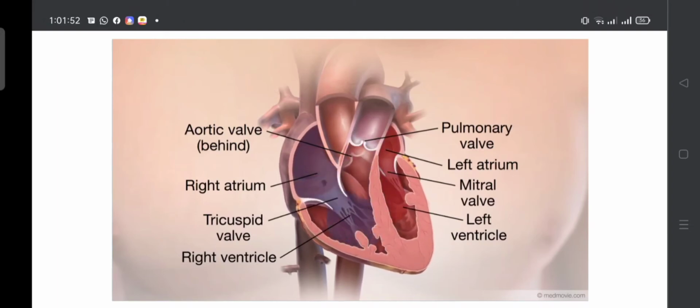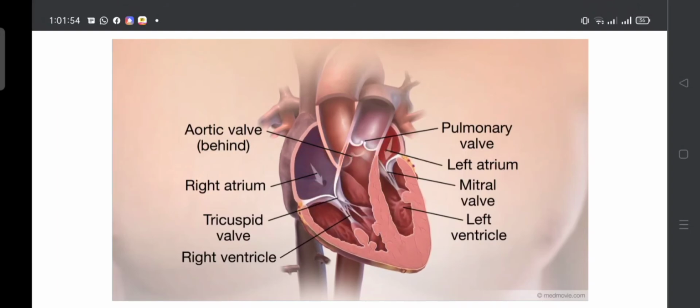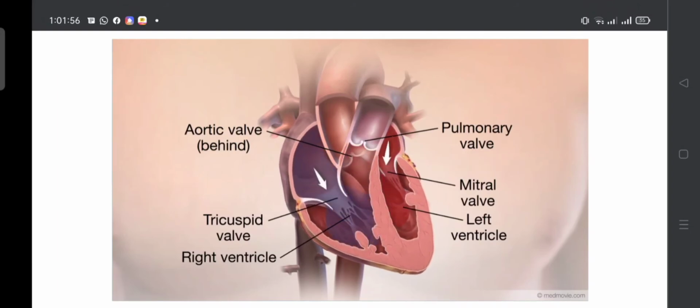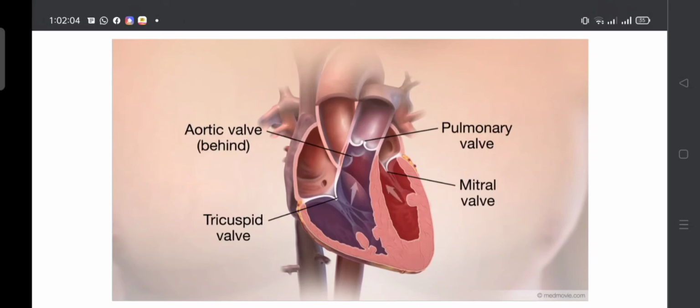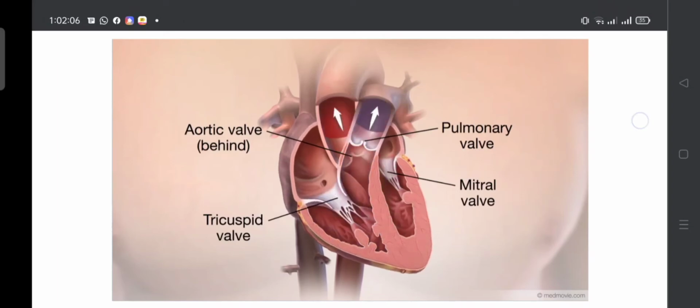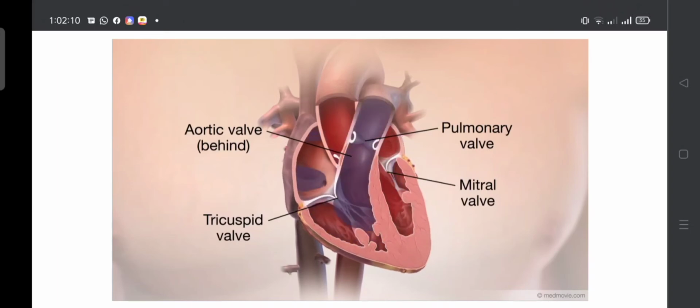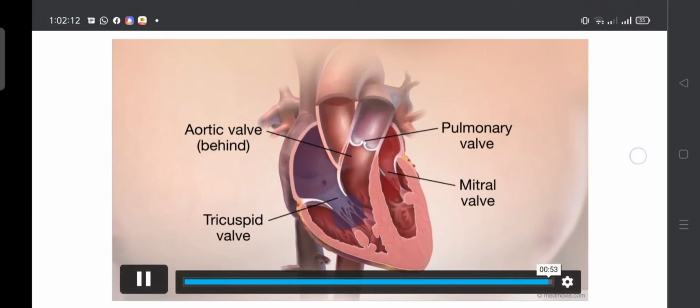Then when the auricle is filled with blood, the tricuspid and bicuspid valves open and the blood comes into the ventricles. And then the blood will flow into the pulmonary artery and the aorta. At that time the bicuspid and tricuspid valves will get closed and the semilunar valves will open and blood will flow into them.